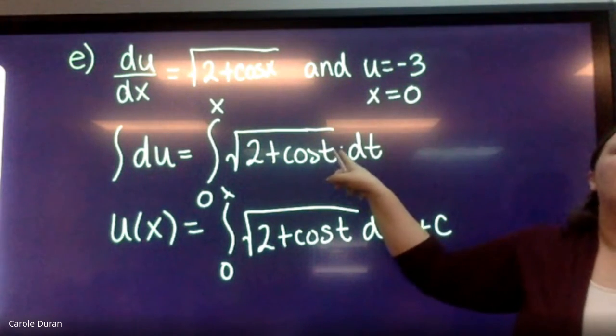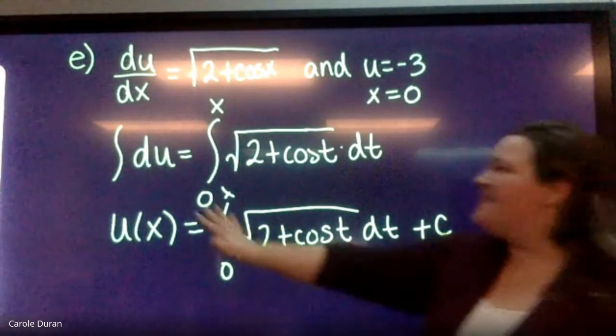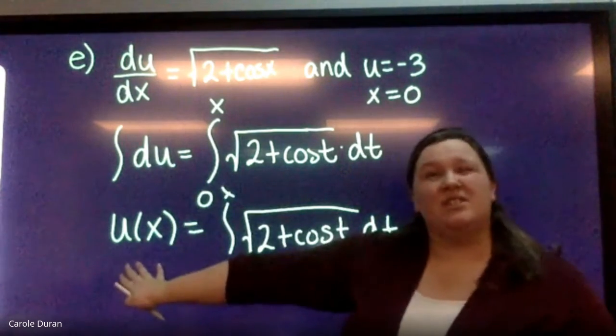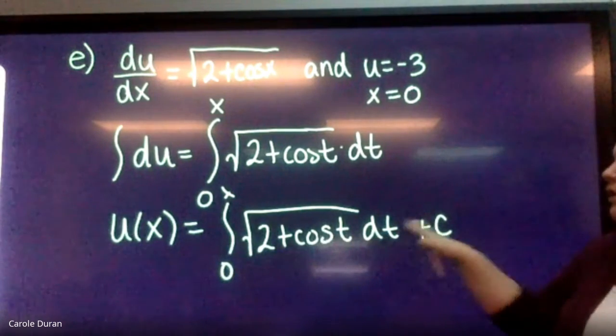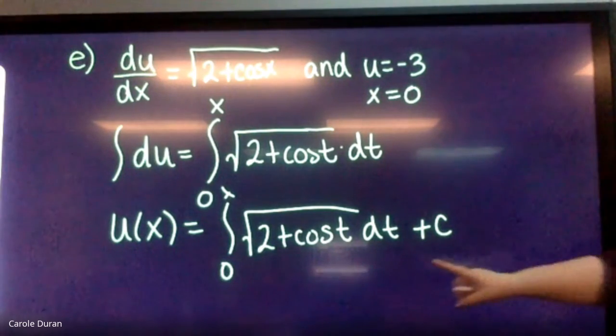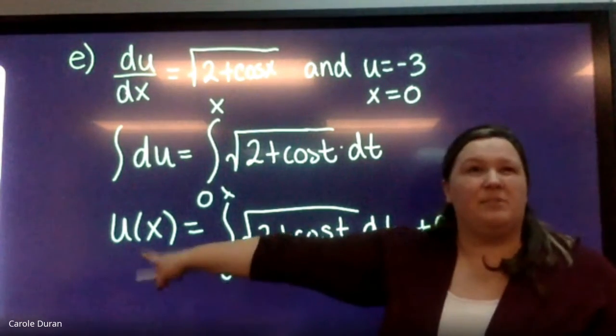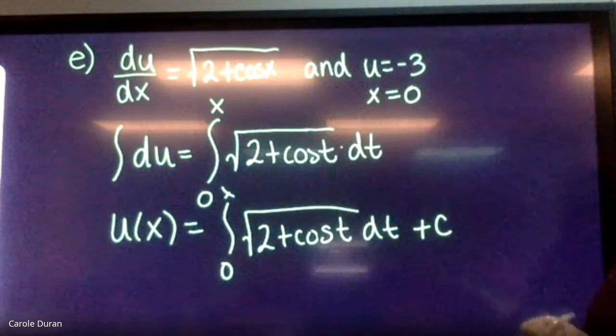Don't make it an e. Could have made it an a, whatever you wanted to. Euler's method then says I can rewrite this integral in the notation u of x because that's what it was originally, and that is equal to the integral plus c at the end. And then I just solve for what u of x is going to be based off of this information, and that's going to be my overall answer.